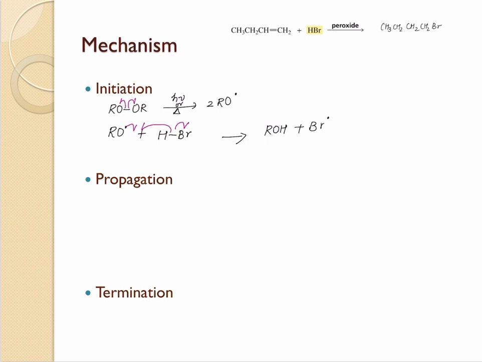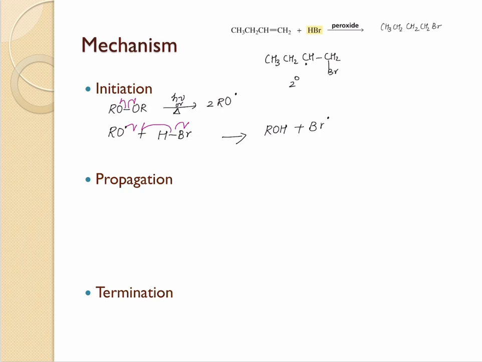Okay, once this bromine radical has been created, it is now going to react with the alkene molecule to give the alkyl radicals. Now it has two chances. It can create a primary radical or it can create a secondary radical. Let's say the bromine radical gets added to this carbon right here, then it is going to result in the formation of a secondary radical.